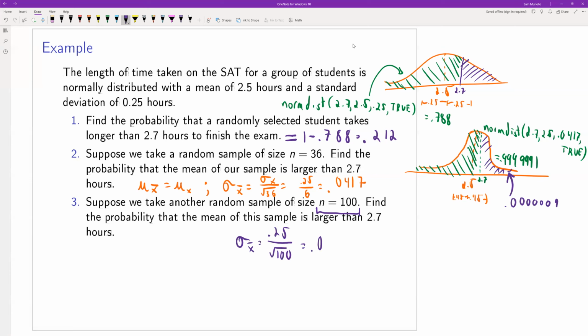So that gives us 0.025. And when we plug that in and subtract from 1, Google Sheets says it's basically 0. It can't even tell how small that odds are. It's not even worth considering. It's insanely unlikely that if we sample 100 students, their average would ever end up being larger than 2.7.